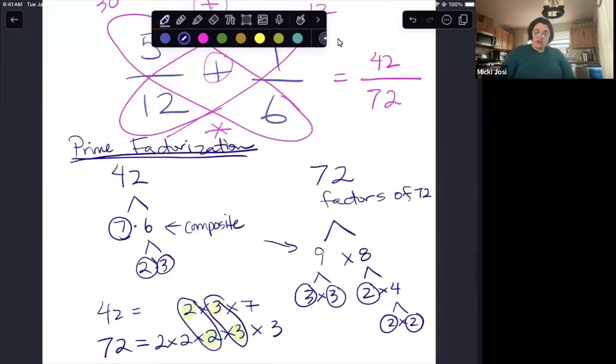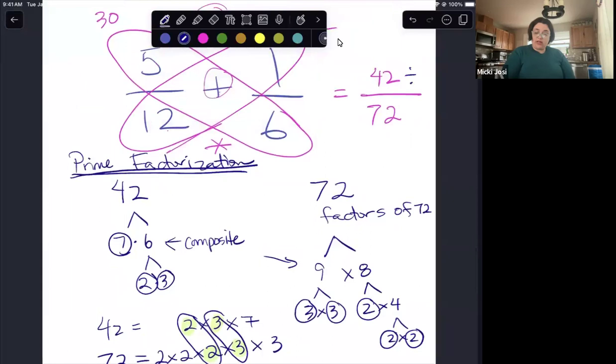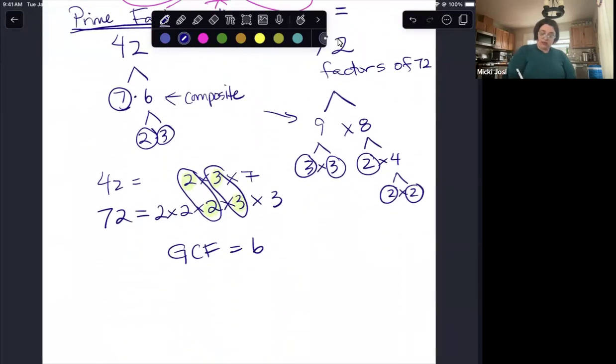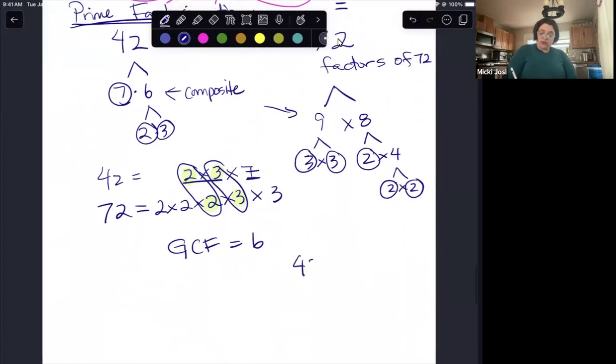6. So if we go back up here, if we divide the numerator by 6 and the denominator by 6, then 6 goes into 42. Well, actually, we can see it right here. 6 times 7, right? Because 42 is going to be 2 times 3 times 7.